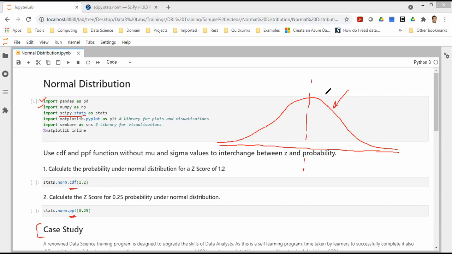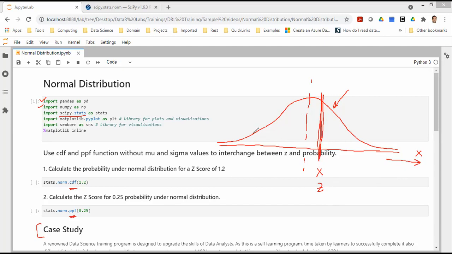So let's say I want to calculate the probability of this event occurring. Now, how do we define this event? Maybe I define this event with some x value, which is nothing but the value of the random variable on the x-axis. And we take a corresponding z value, which will give me the probability of this event occurring.